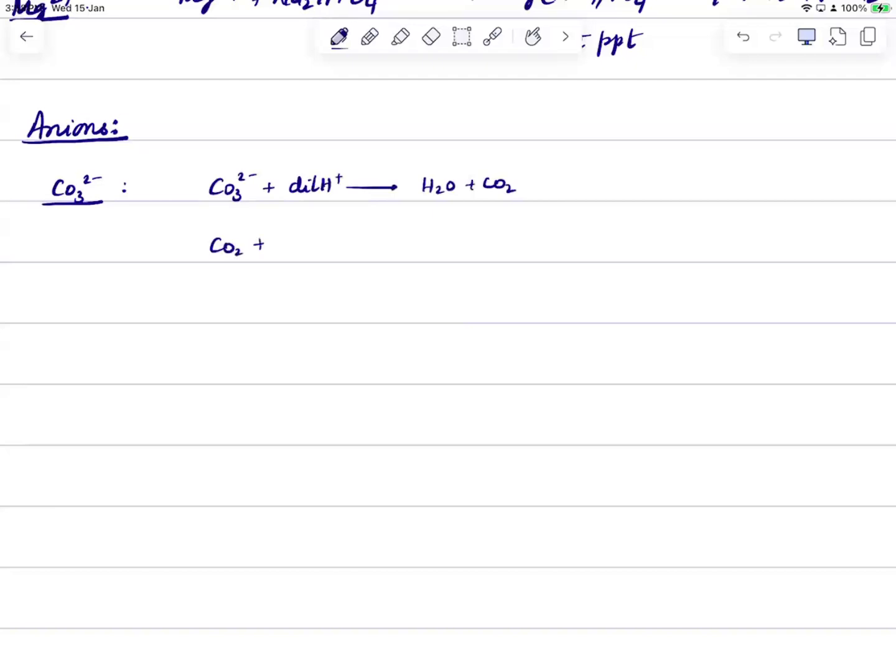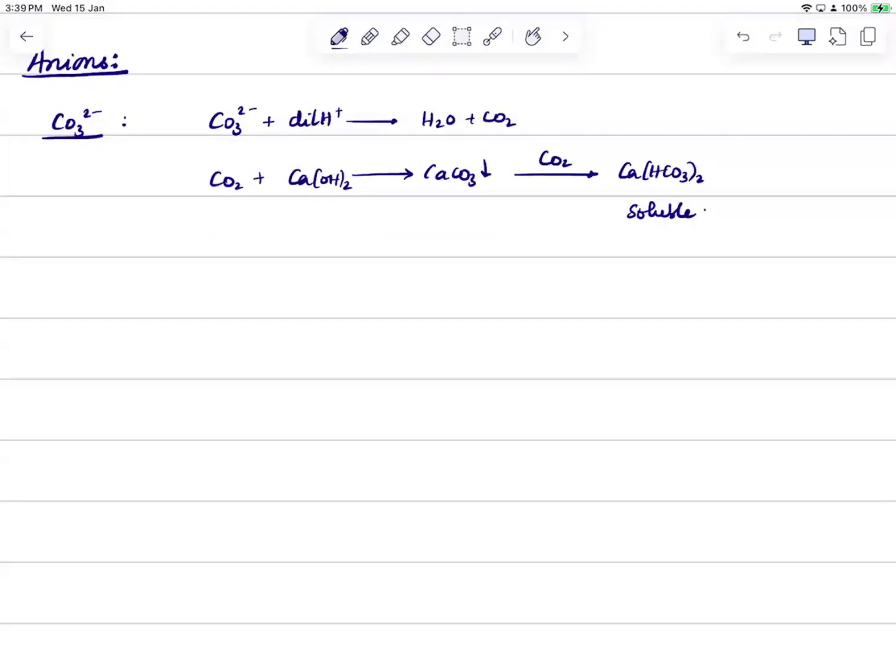This CO2 is to be passed through calcium hydroxide to convert into calcium carbonate PPT, which is a white color PPT. And if you add excess carbon dioxide, this will become a soluble salt, which is bicarbonate, right? This is a confirmation for carbonate.